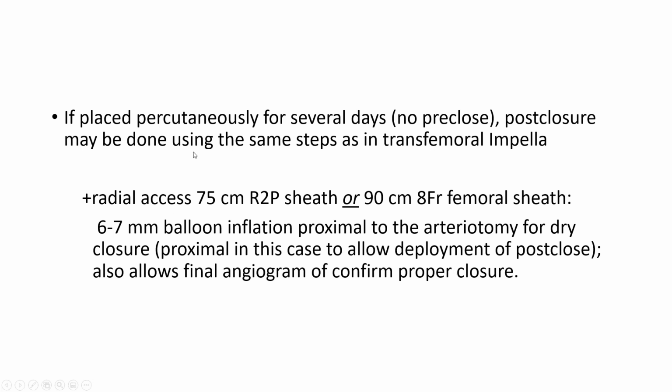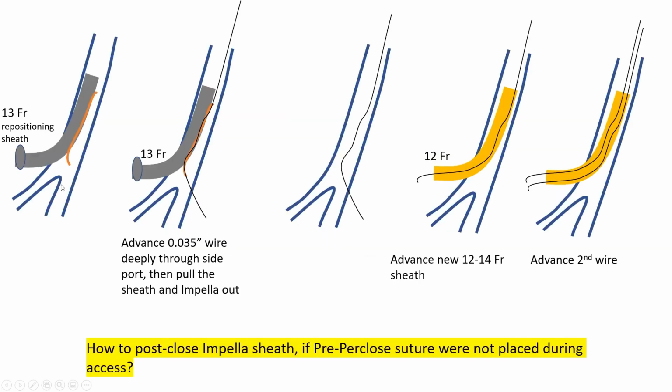So if it is placed percutaneously for several days, you can do closure, although it's, again, very risky. And when you do it, definitely have a second access for dry closure and to confirm that you achieved a good result. And this is how we do post-close of Impella, as I described in the Impella talk.